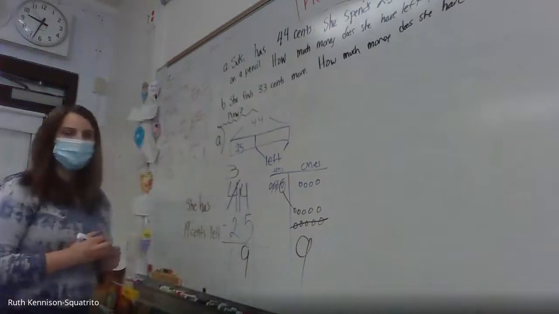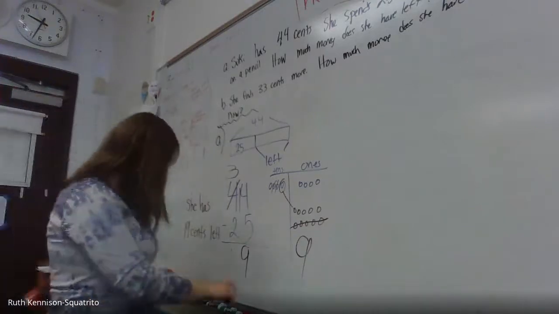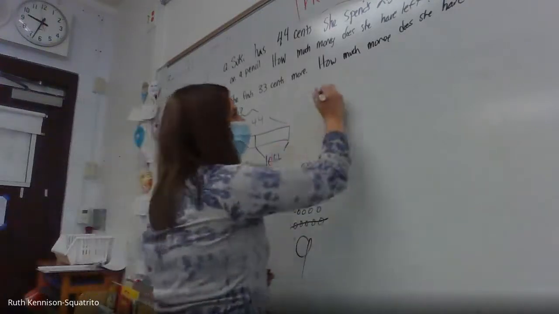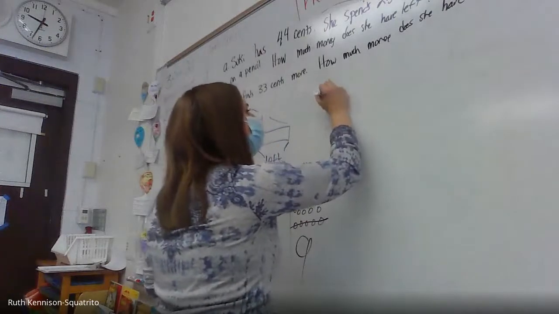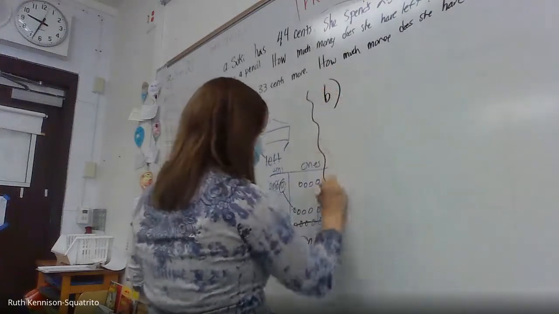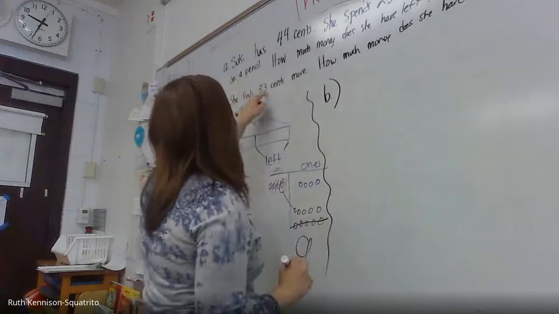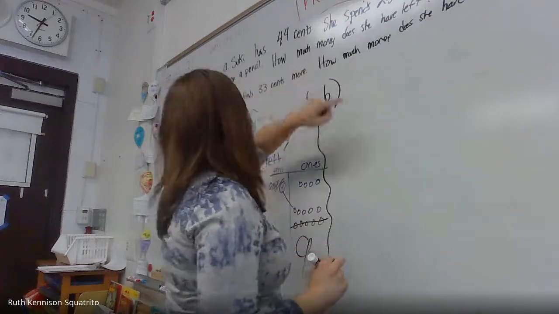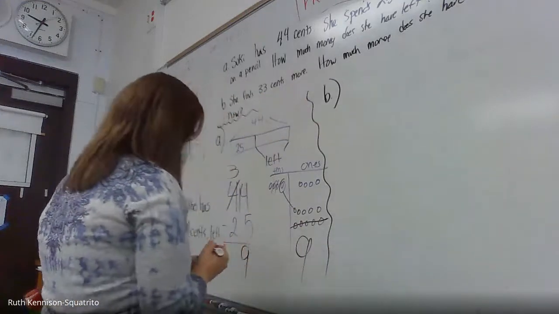Okay? Now we need to do part B. Part B, which is she finds 33 cents more. How much money does she have now?